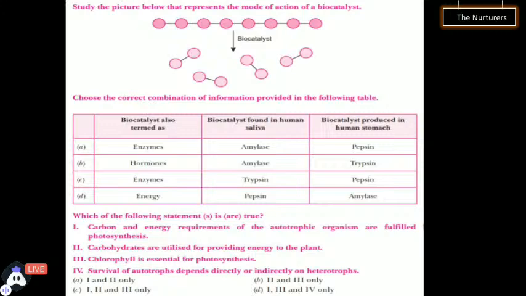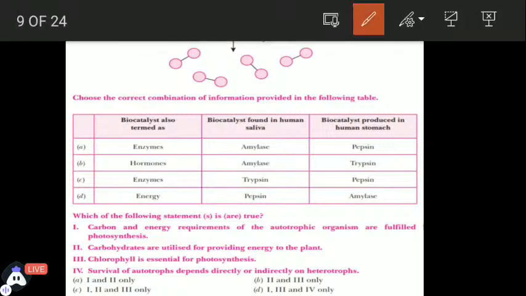Okay. So you have to check biocatalyst, also termed as. I just told you that the biocatalysts are also termed as enzymes. So there are two options which are telling the first answer as enzymes. So the option could be A or C, but not B and D.